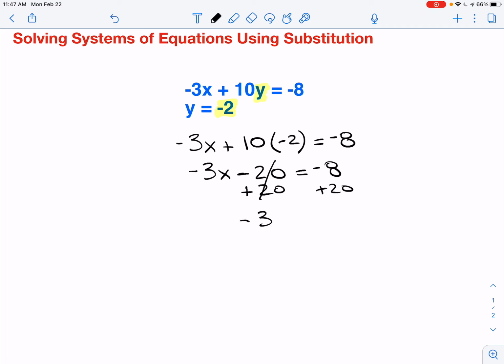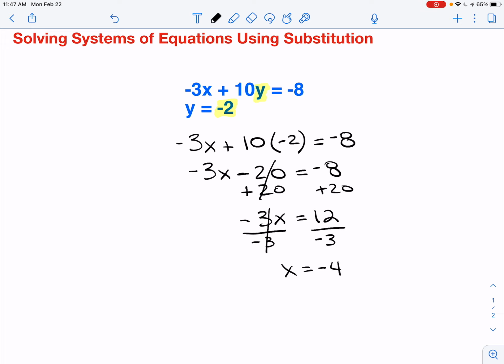I bring down my -3x equals -8 plus 20, which is 12. Now to get x by itself, I have this -3 being multiplied, so I'm going to divide by -3. -3 divided by -3 makes 1, and that goes away. So x equals 12 divided by -3, which is -4.